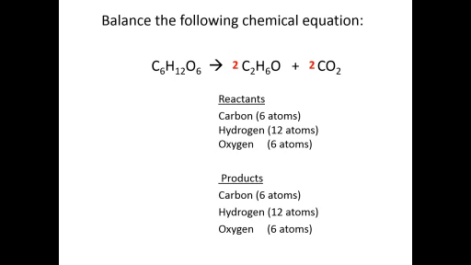Putting a 2 in front of the CO2 gives you now 6 carbon atoms, because 4 carbons from the ethanol plus 2 carbons from the CO2 gives you 6 carbons, which is what you have in your original reactant of glucose, 6 carbons. Your hydrogen atoms are balanced. That's good.